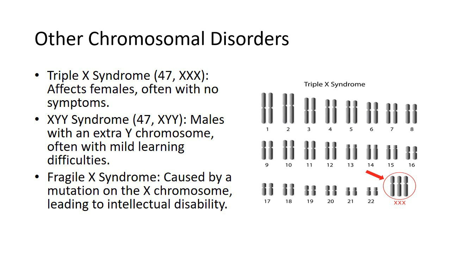7. XYY syndrome, 47,XYY. Cause: XYY syndrome occurs in males who have an extra Y chromosome, 47,XYY. Symptoms: physical features: taller than average stature but otherwise normal appearance.